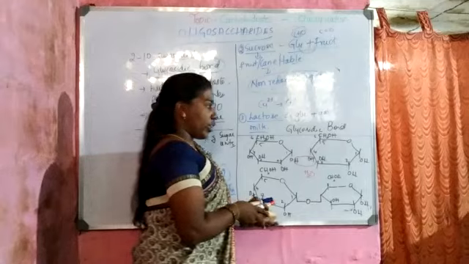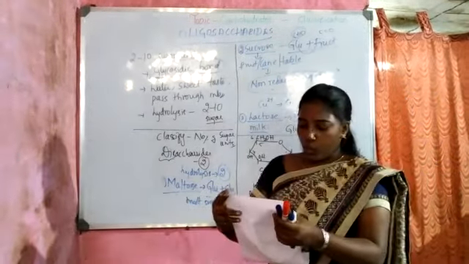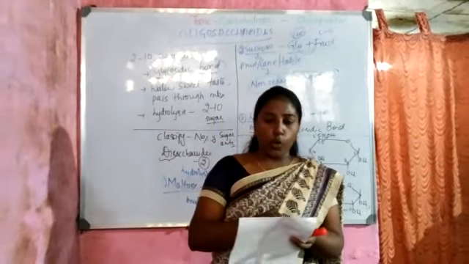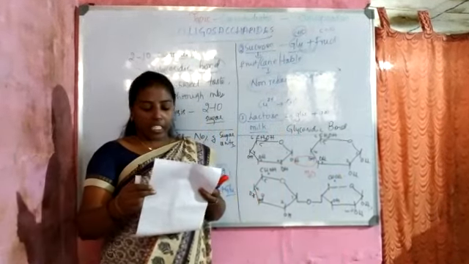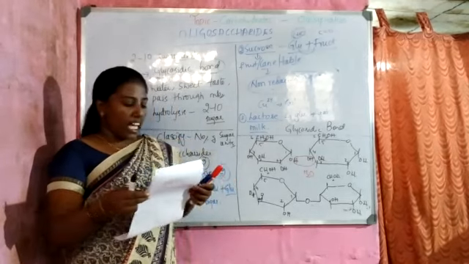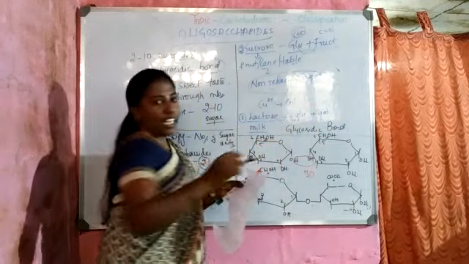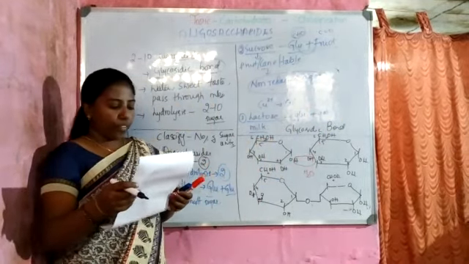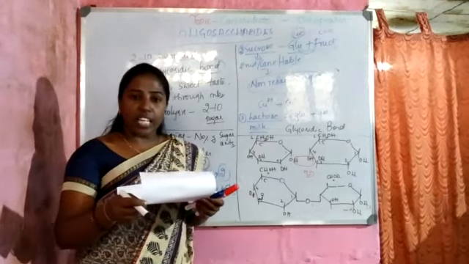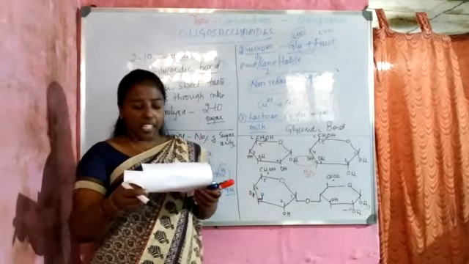Let us see some more questions related to the topic. Lactose is composed of: glucose and galactose, fructose and galactose, glucose and fructose, glucose and glucose. We know that lactose is made up of glucose and galactose, option A. The next is, which of the following carbohydrates is absent in honey?